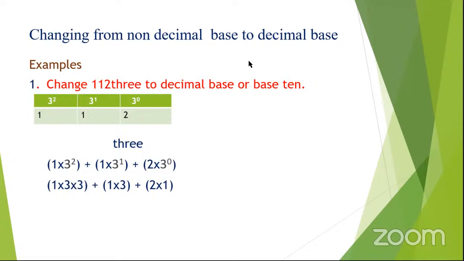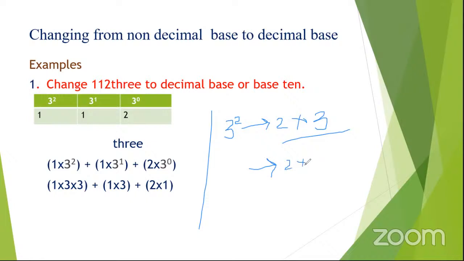Some of our colleagues fail to interpret this simple thing, where they have 3 power 2. You find that someone says this one is 2 times 3, and some others will say, teacher, this means 2 times 2 times 2.